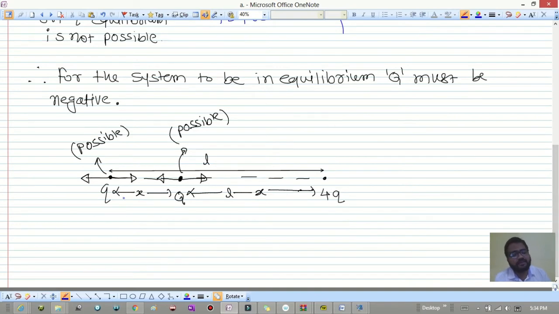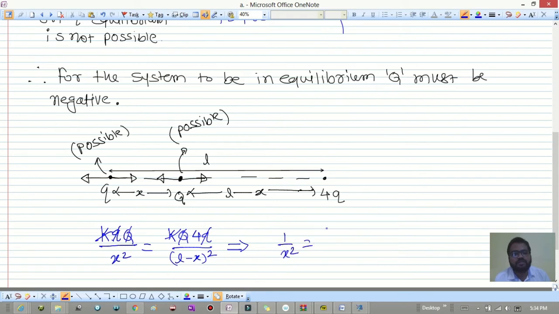Now we'll calculate the magnitude. Firstly, we'll calculate this distance. The force due to small q, we can write k small q capital Q divided by x squared, must be equal to the force due to 4q, that is k capital Q 4q divided by L minus x whole squared. Small k, capital Q and small q get cancelled, and we have 1 by x squared is equal to 4 by L minus x whole squared.